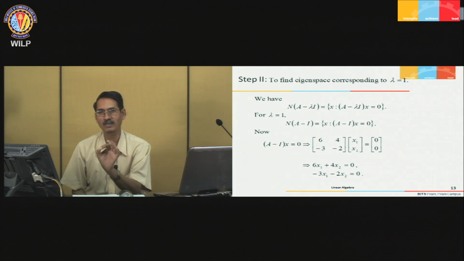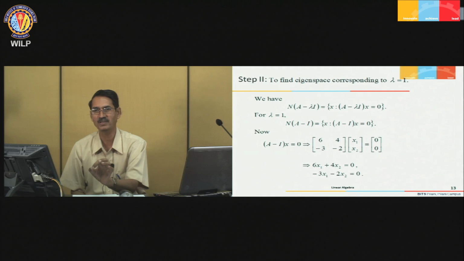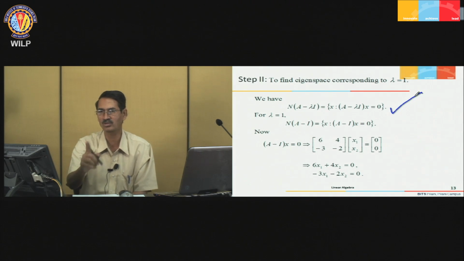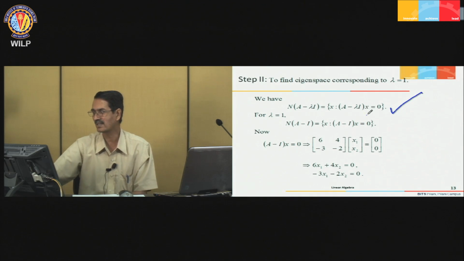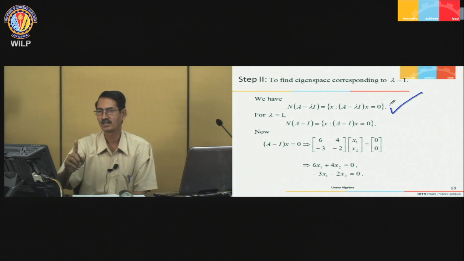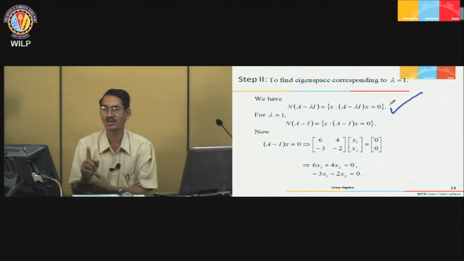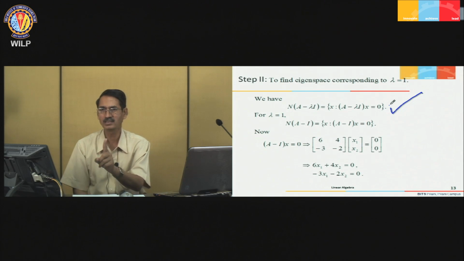And we have seen what is the meaning of eigenspace. Null space of A minus lambda I. And what is null space of A minus lambda I? This is the set of all those x such that (A minus lambda I) x is equal to 0. Remember here, we are going to solve an equation of the type (A minus lambda I) x is equal to 0, all possible solutions including the 0 solution.